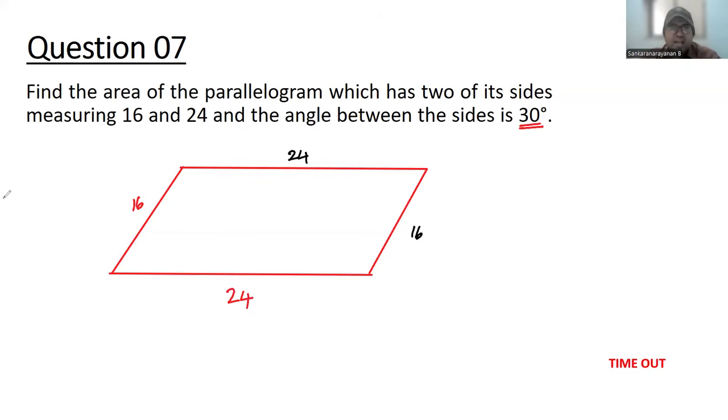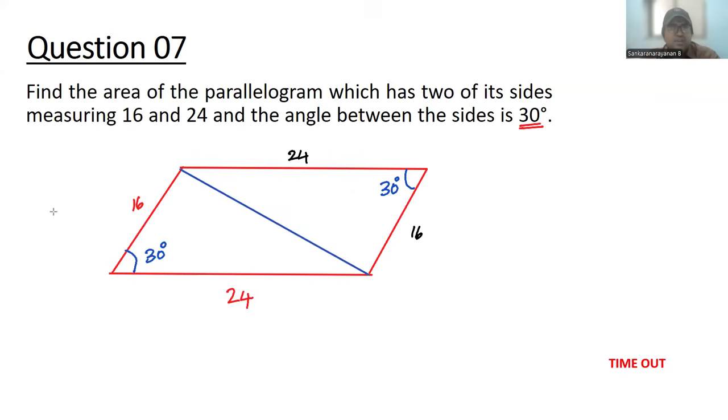You can see that the angle included in between them, this measurement, is given as 30 degrees. So opposite angles of a parallelogram, please note, are equal in measurement. So this also will be 30 degrees. Now all you need to understand is just draw one diagonal like what you see here. Okay, just draw this diagonal.